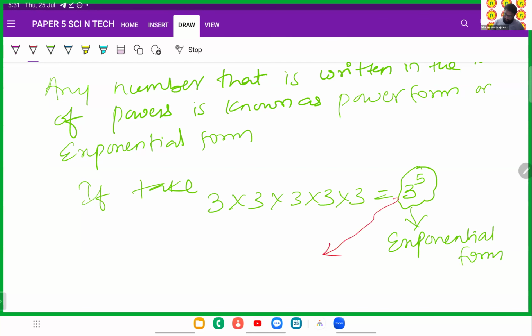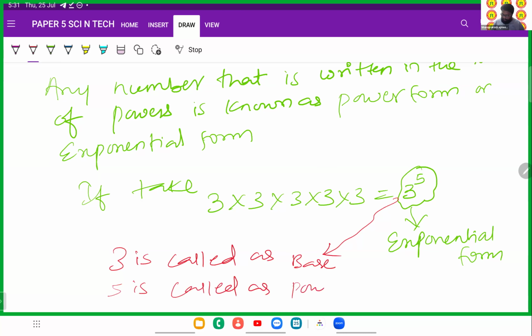And 3 is called the base, where 5 is called the power. So I hope everyone of you got this. Any doubt till now? No, sir. Okay.